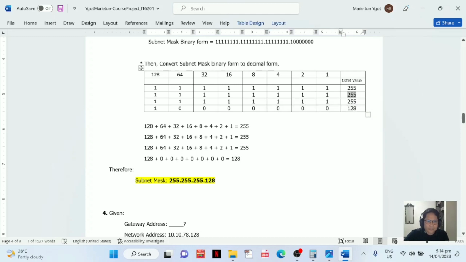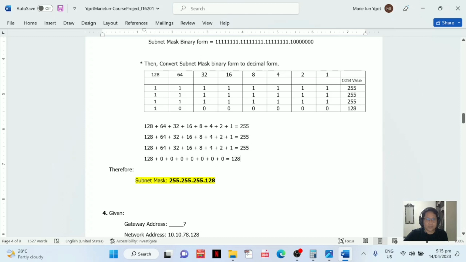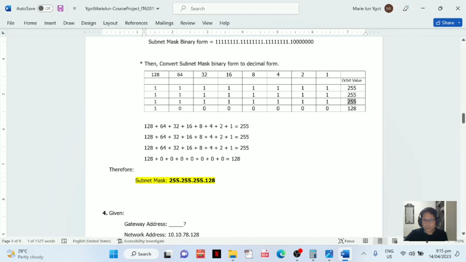And again, the third octet is also all ones, so we use all the values here, 128 again, same thing, is equal to 255. So our third octet is 255.